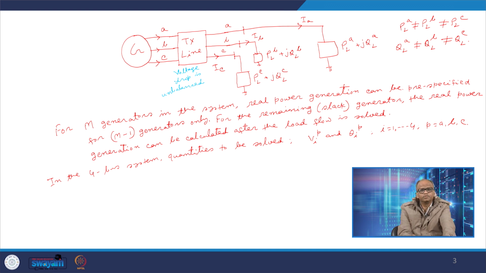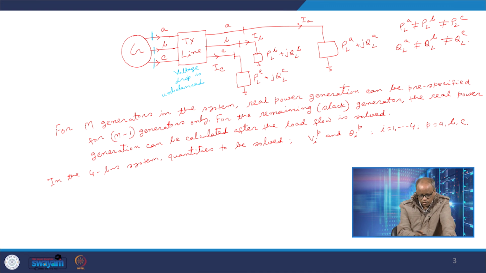Because this voltage drop is unbalanced, we also cannot expect this terminal voltage to be balanced. But for a generator, internally it generates a balanced voltage.